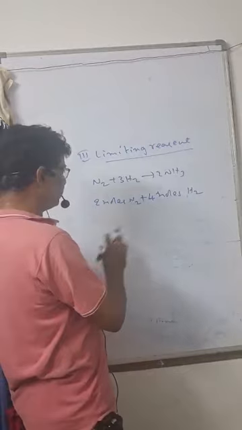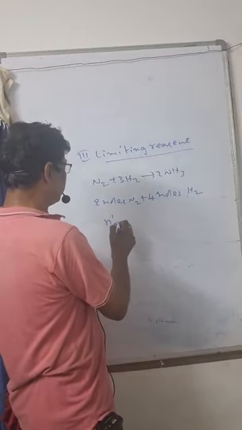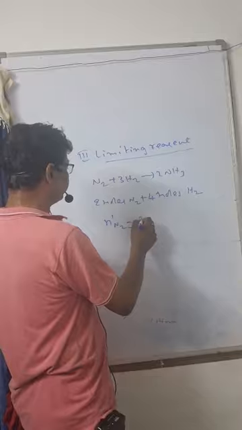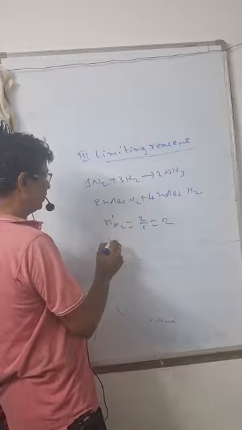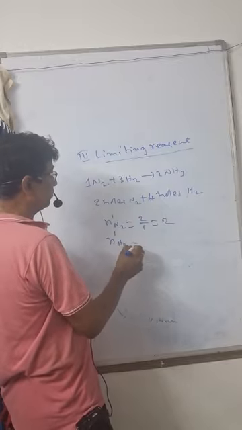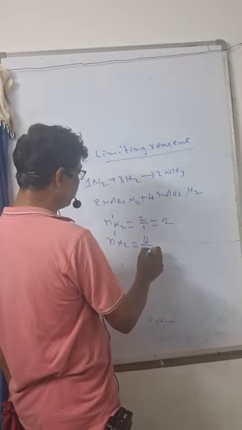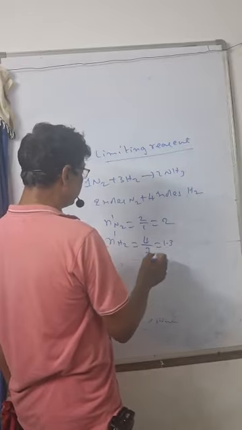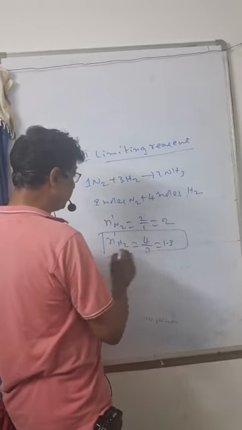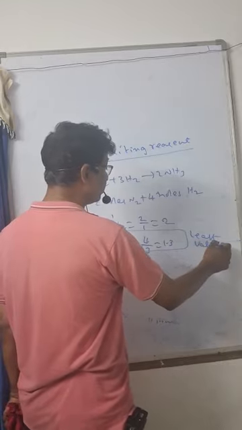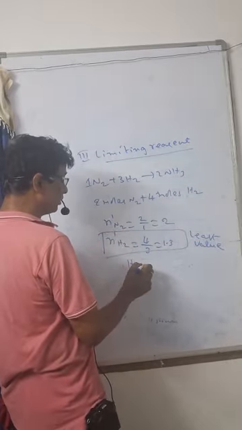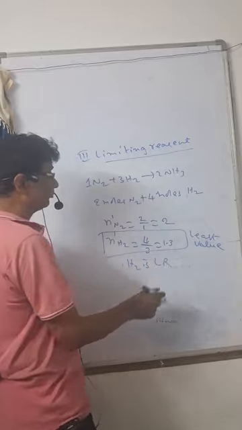What is the limiting reagent? Given moles by equation moles. For nitrogen, equation moles is 1. For hydrogen, equation moles is 3. The least value is the limiting reagent. So hydrogen is limiting reagent.